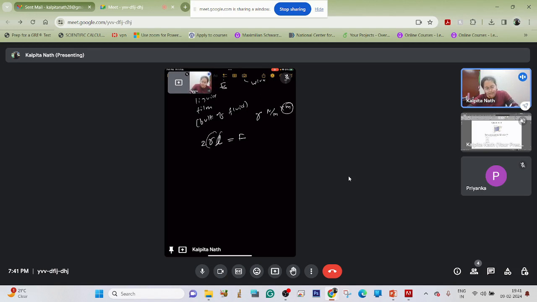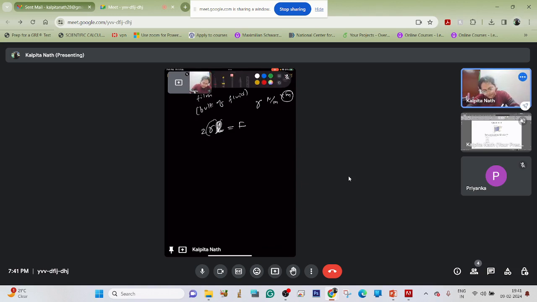So meter is the length. If we think that length is L, it is already given here. And since there are two surfaces, we'll multiply it by 2. So gamma will be F upon 2L.